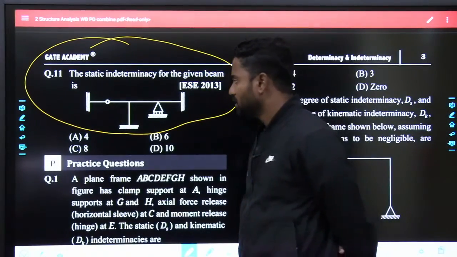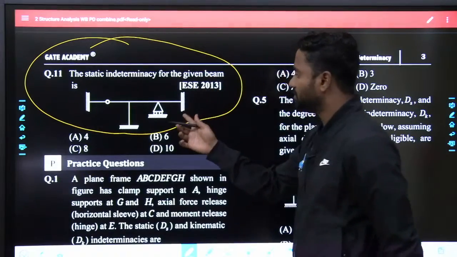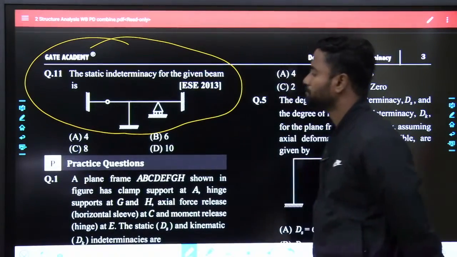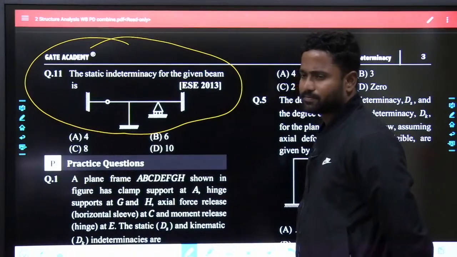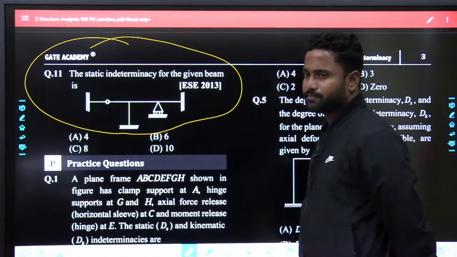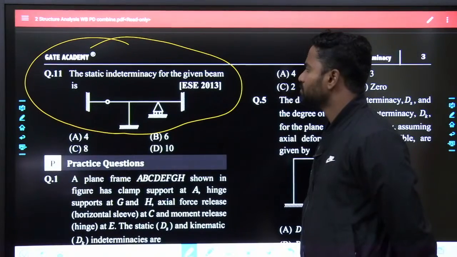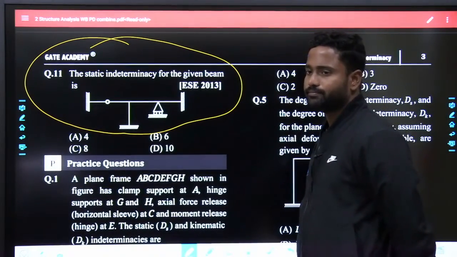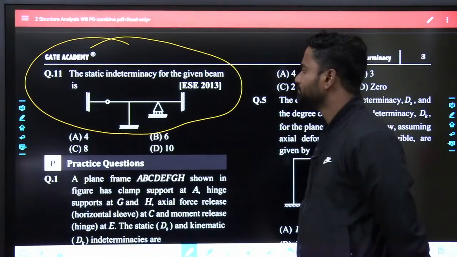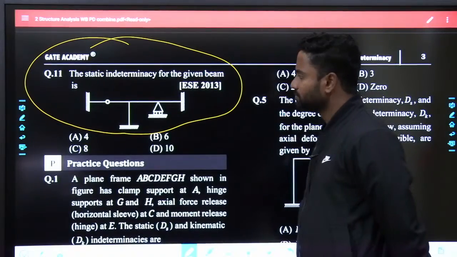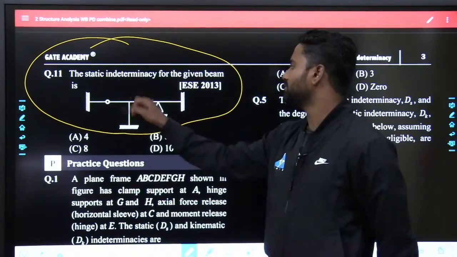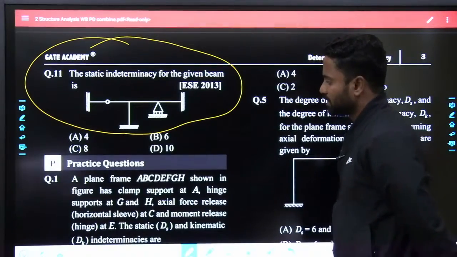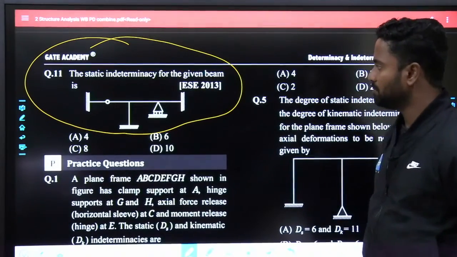This is the structure. This is a hinge, this is a roller support, and these 3 are fixed supports. Static indeterminacy for the given beam.